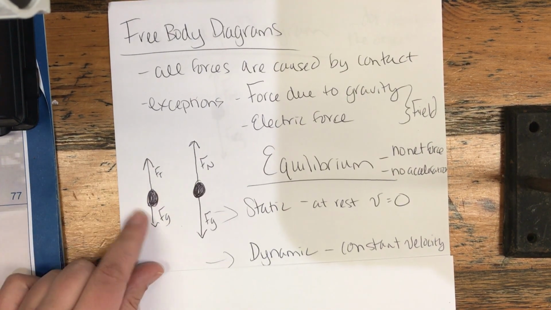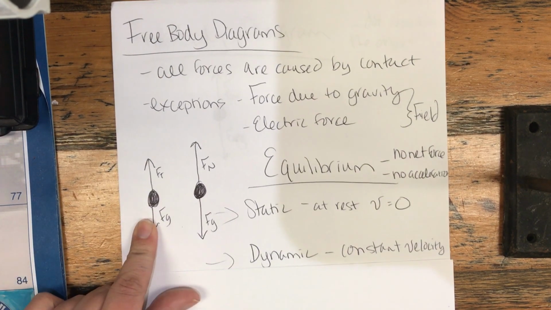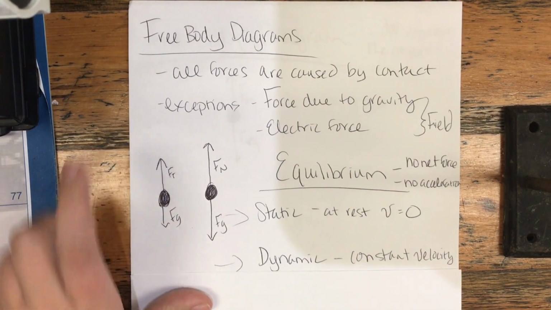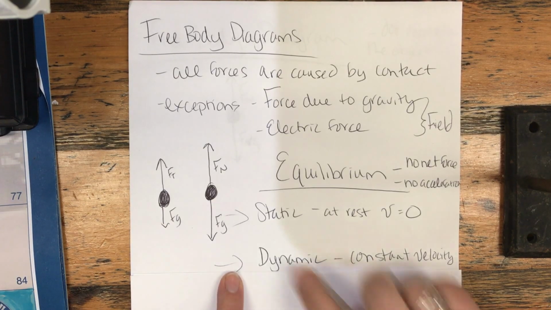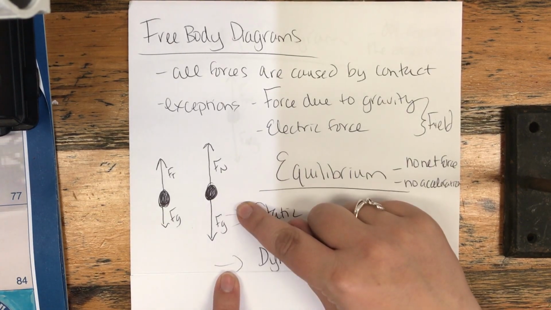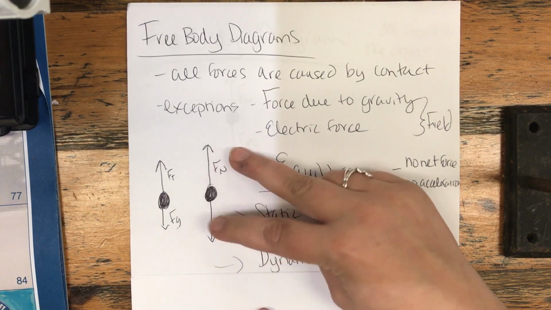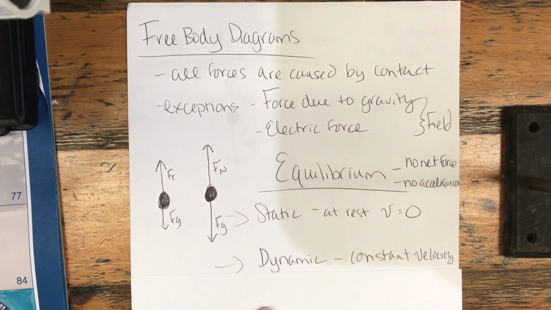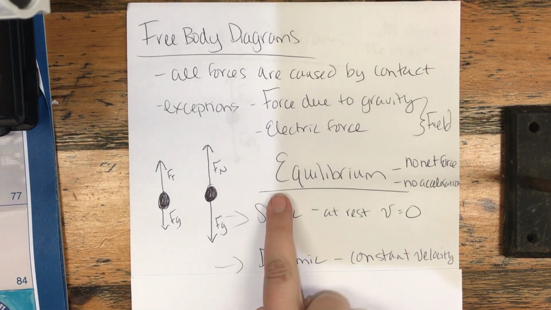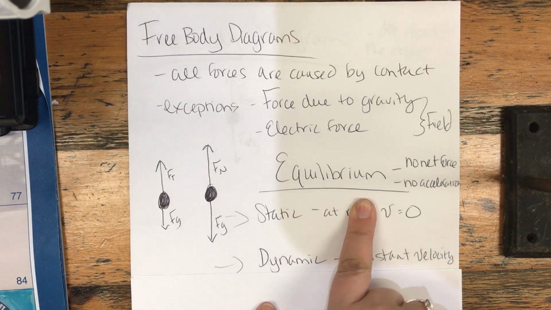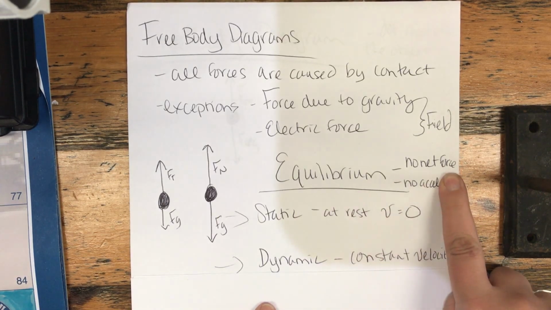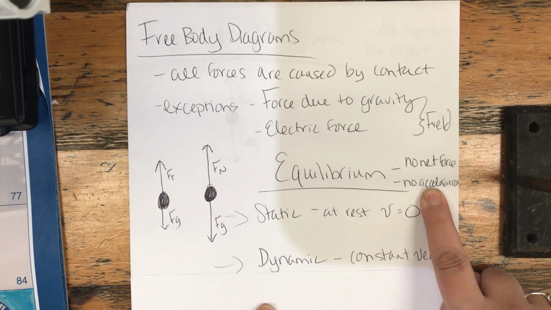For the string scenario, I've got FT pointing up and FG pointing down. For a book sitting on a table, you've got normal force and FG. The arrows are roughly the same length, and when the arrows are the same length, that shows the thing is in equilibrium, so there is no net force and no acceleration.